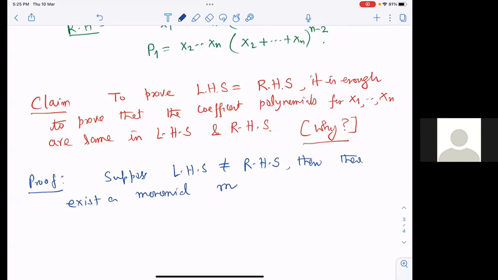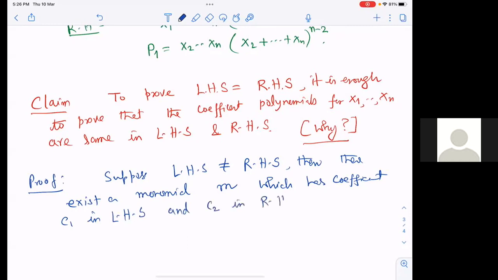M which has coefficient C1 in LHS. So maybe C1 could be 5 and C2 in RHS, maybe C2 could be 7, such that C1 is not equal to C2.